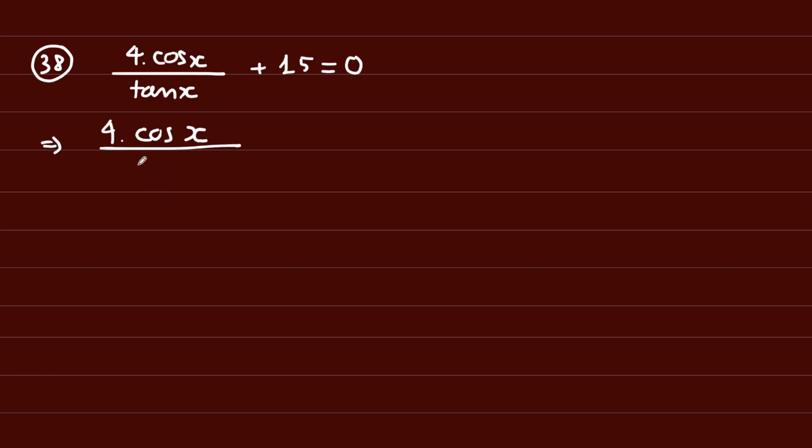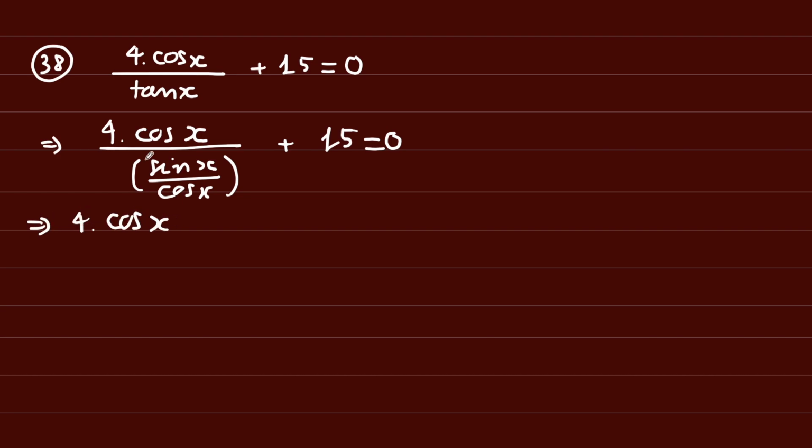About the tan here, I want to convert this to sine h over cos h, plus 15 equal to 0. The next step, I will change the form of this fraction. For 4 cos h over sine h over cos h, it means that 4 cos h is the numerator, divided by the denominator, which is sine h over cos h, plus 15 equal to 0.